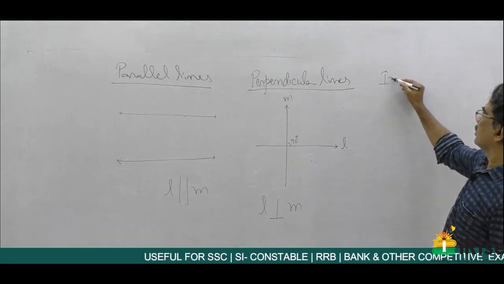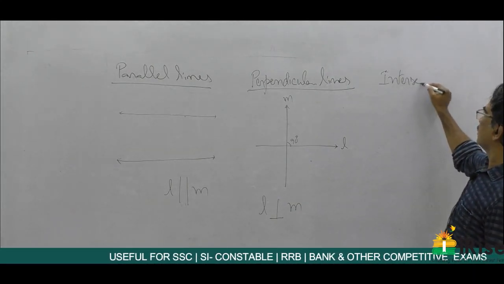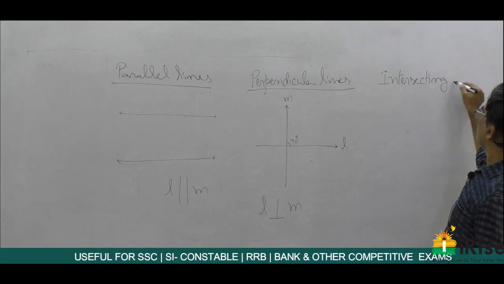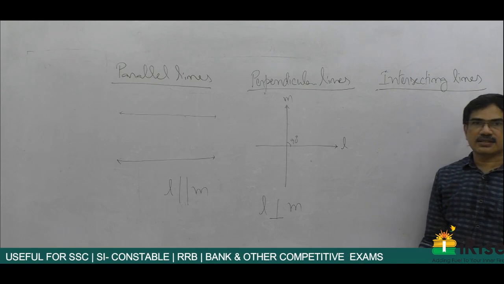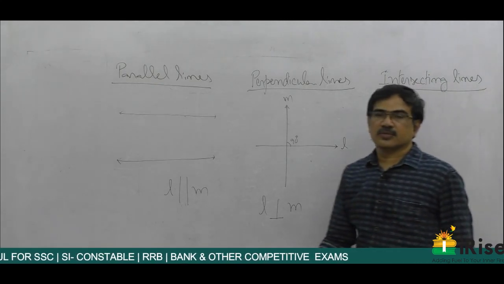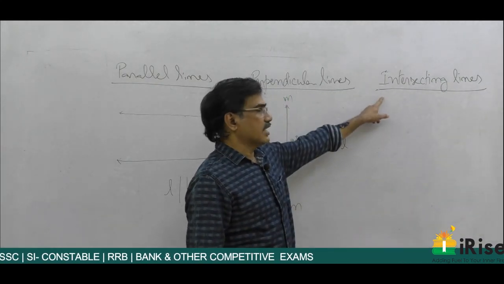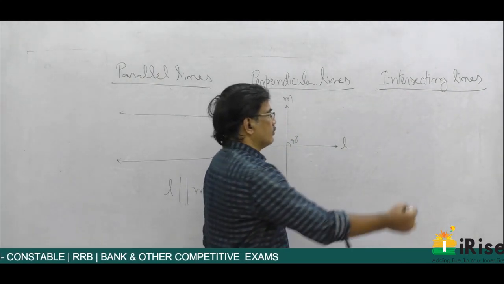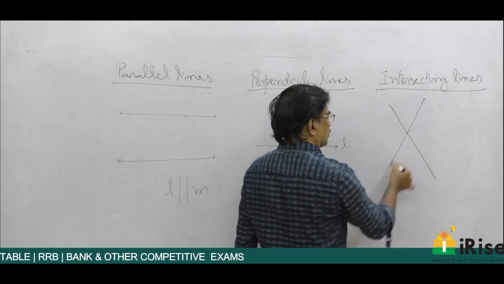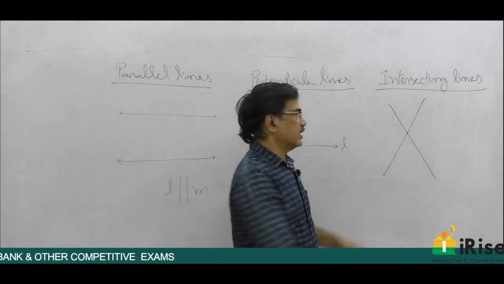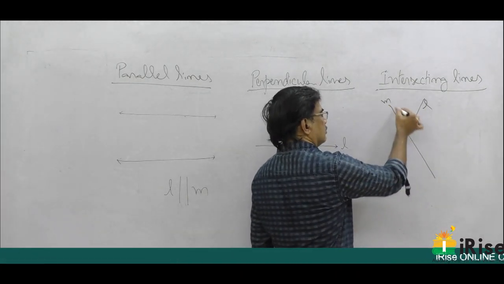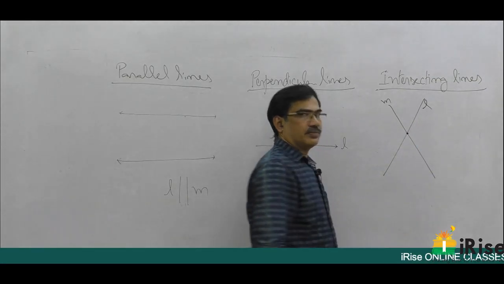Next, intersecting lines. If two lines have only one common point, this is L, this is M, this is the common point.